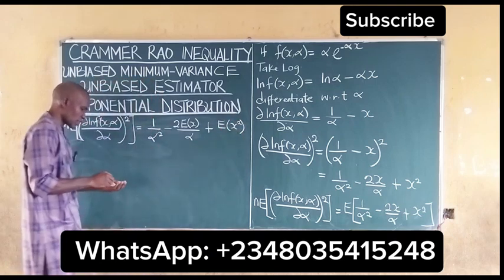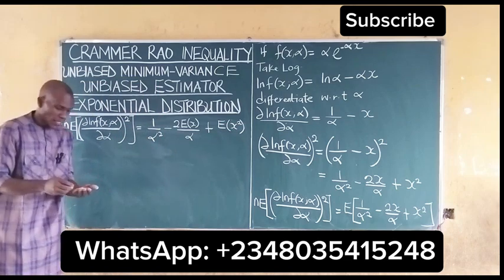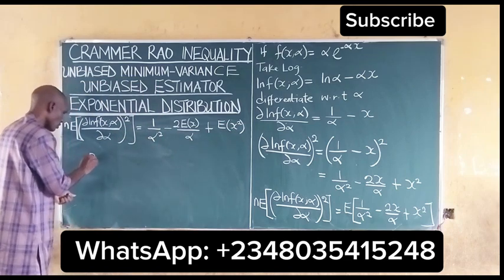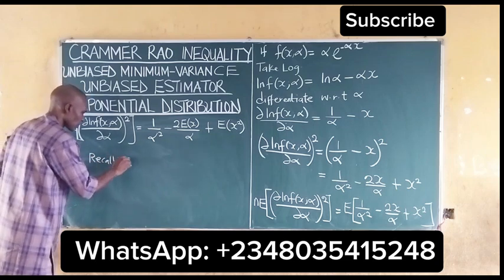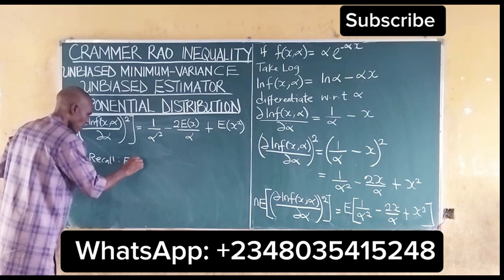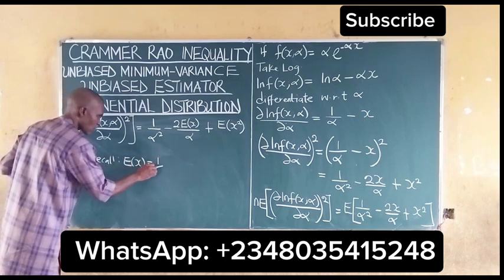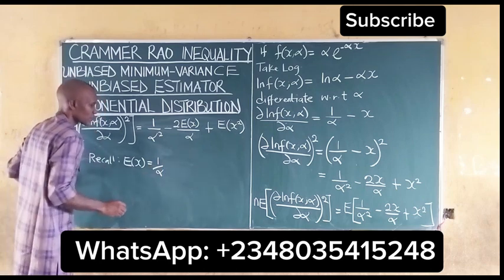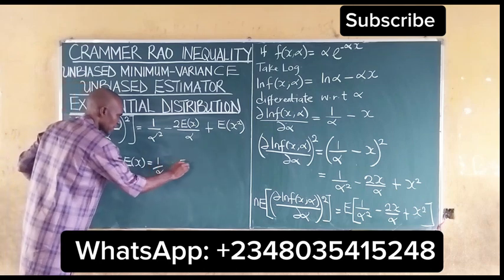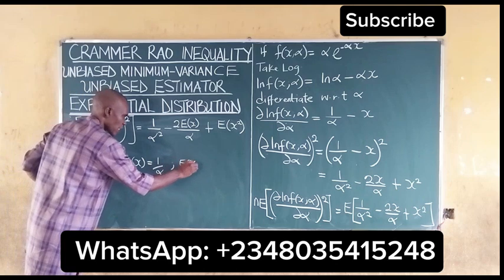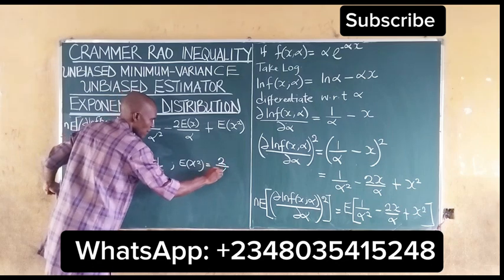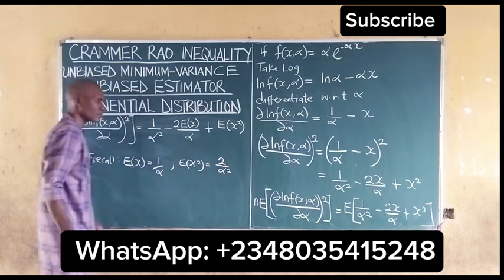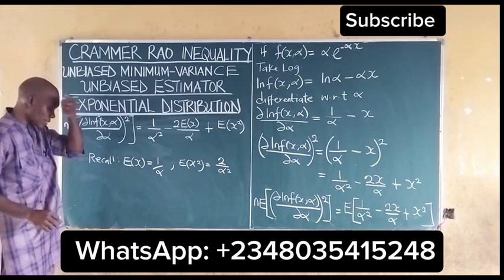So this is what we get. We should recall that for the exponential distribution, the expected value of x is equal to 1 all over phi, while the expected value of x squared is equal to 2 all over phi squared. So this is what we get.